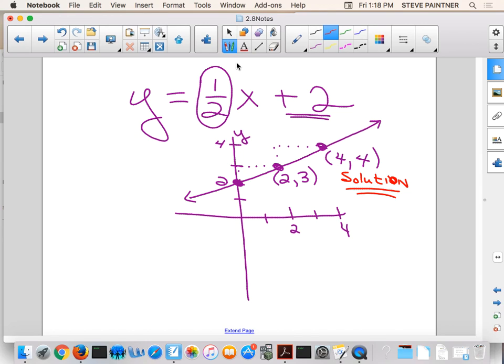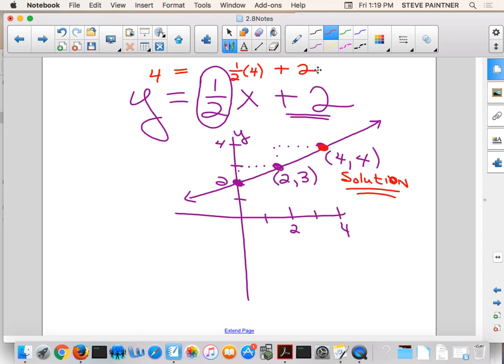Let me just test it out. 1/2 of 4. It would be 3, 4, because the slope's up 1 over 2. I think it's right. Put 4 in for x, put 4 in for y. Is this going to be true?